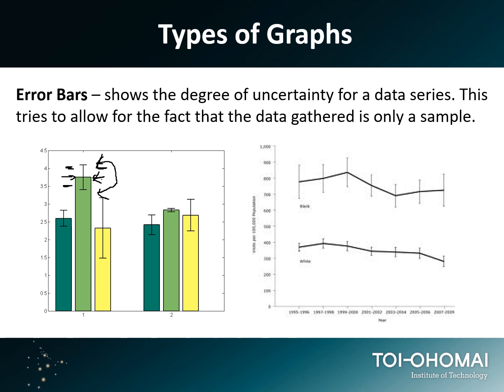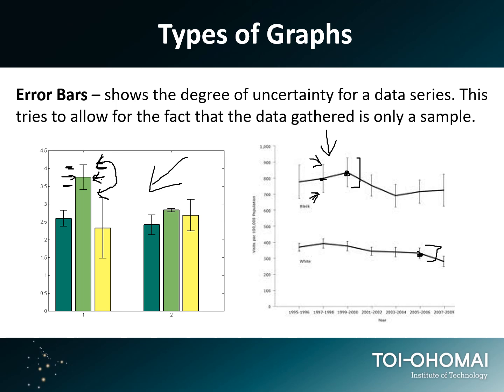But the error bars are important for means. Anytime you're graphing means, whether it's like a column graph or whether it's a line graph, if there's a data point here and you calculate the standard deviation or the standard error or the confidence interval, and you put that as the error bars on that one. This point right here will have a different set of error bars, and they all have their own individual standard deviations or standard errors or confidence intervals, because they are a separate set of data that's used to find that mean.